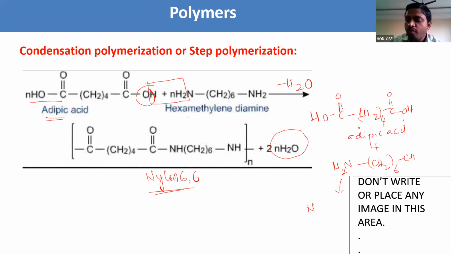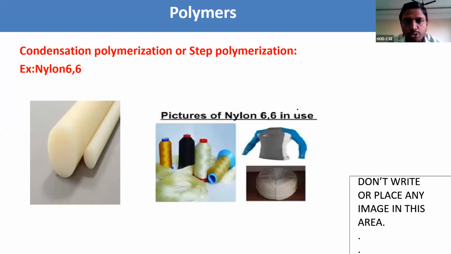The example is the preparation of nylon 66: adipic acid and hexamethylene diamine give nylon 66 with elimination of H2O as a byproduct. Nylon 66 is used to prepare threads, woolen threads.